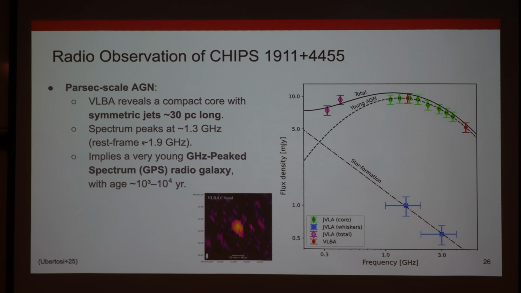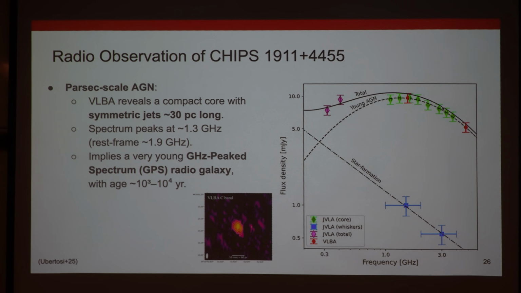And then they also did it in multiple radio bands, and got the total estimated flux density in each band, and then they saw the turnover here. The turnover tells you about the age of the radio jet. Usually it should be a power law, right?